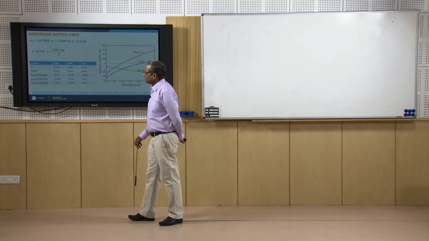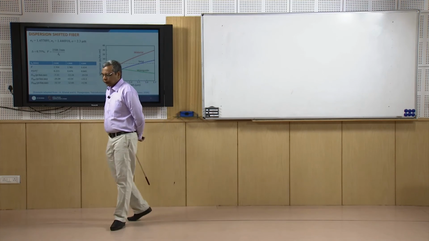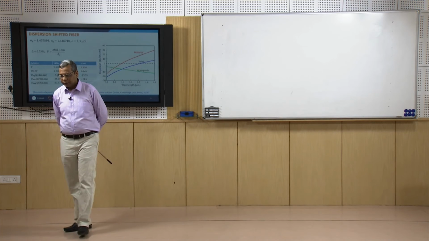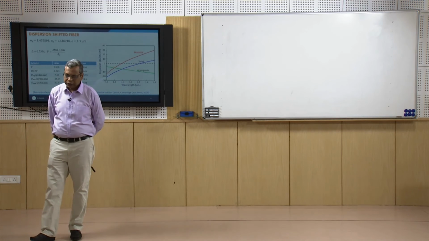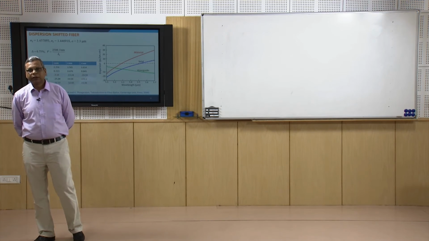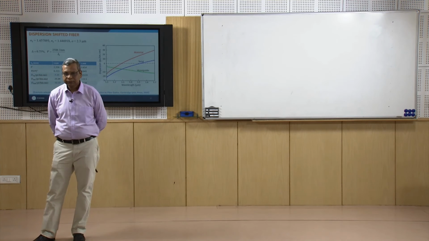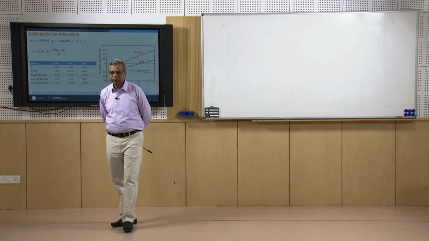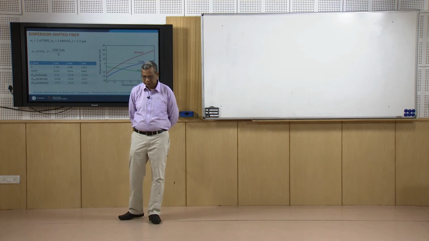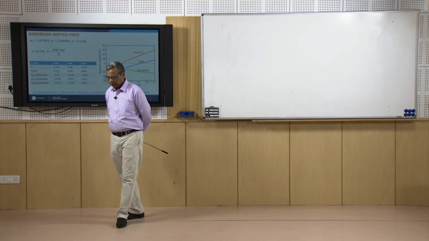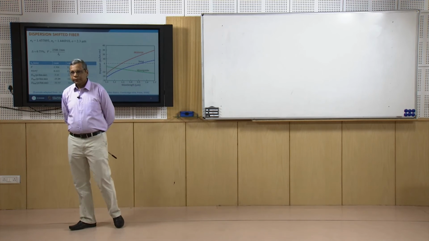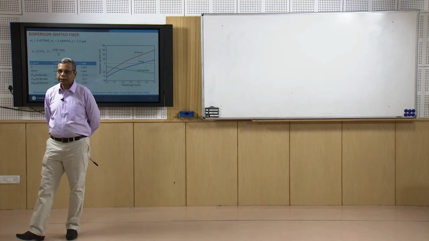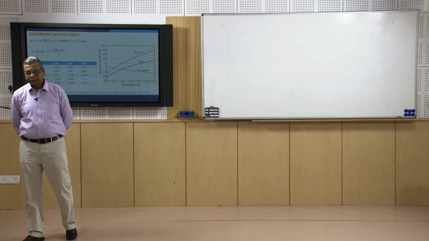We have seen that in a conventional single mode fiber, the zero dispersion wavelength is around 1300 nanometer, about 1310 nanometer. So, at 1310 nanometer you have minimum dispersion, while the minimum attenuation is around 1550 nanometer.